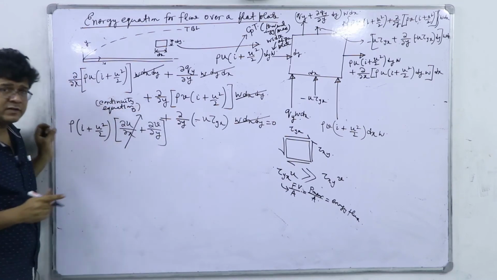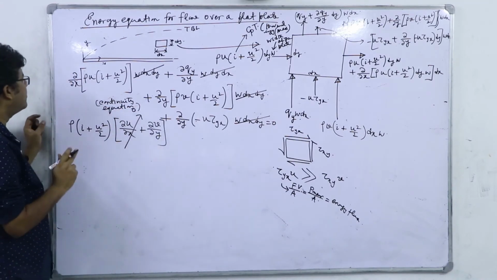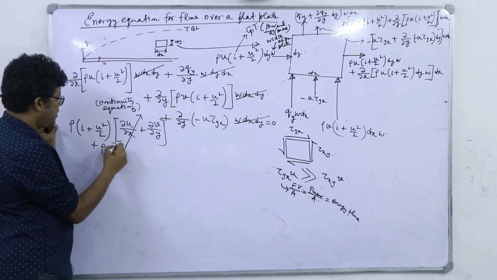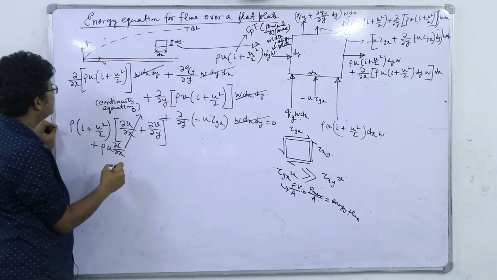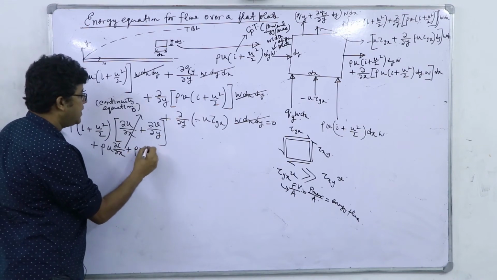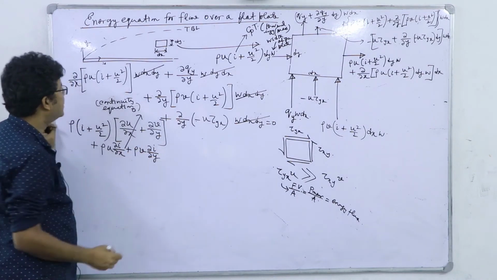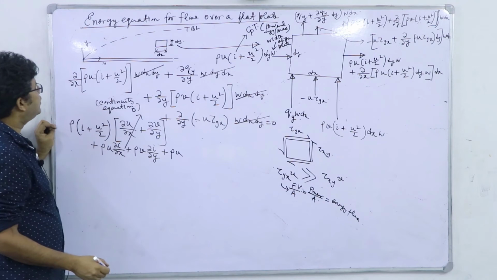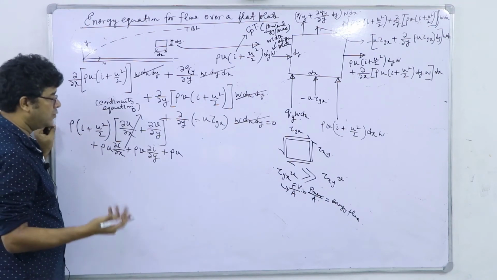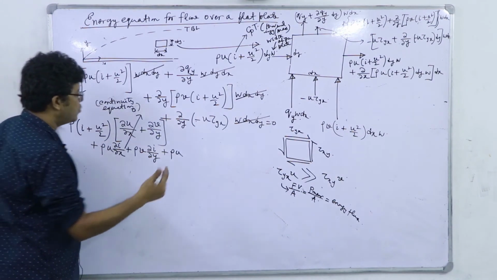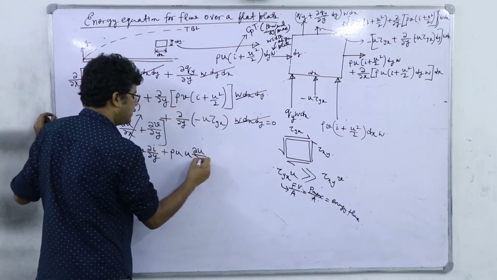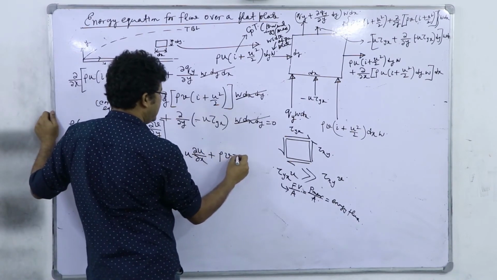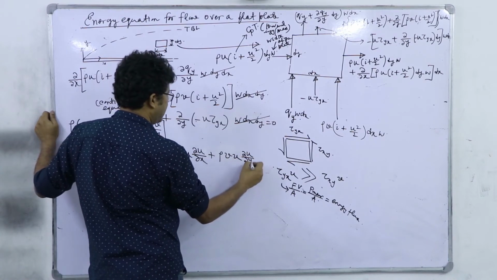Continuity equation for two-dimensional incompressible flow will assume this form. Next, plus rho u into del I del x, right, plus rho v del I del y, plus rho u into del x of u square by 2. So it is u du, so it is u into del u del x, plus here rho v into u del u del y, right.